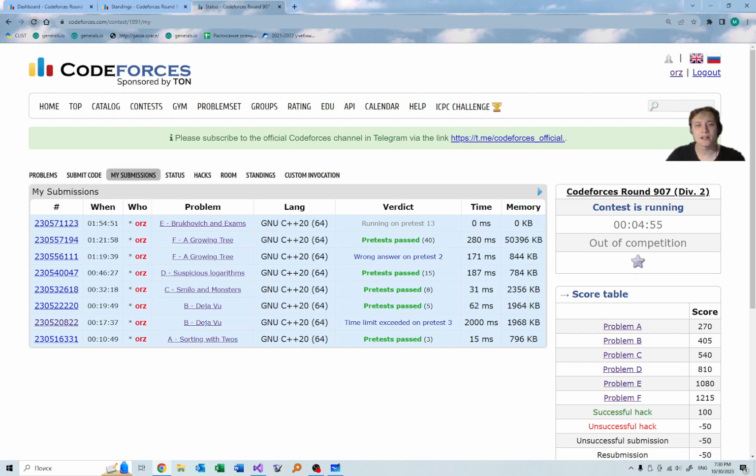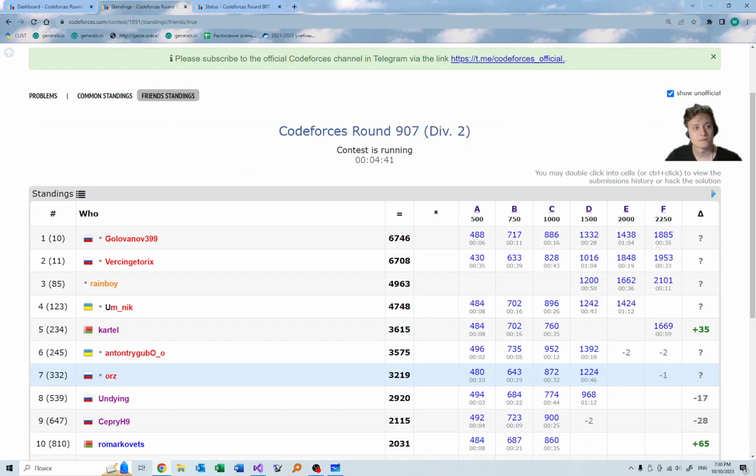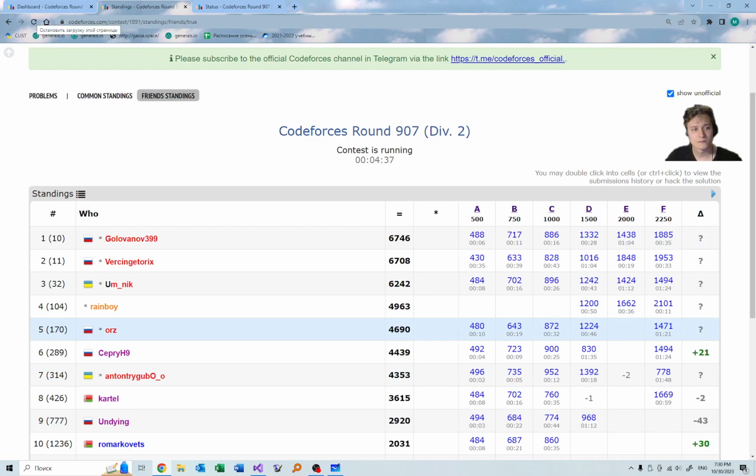Now I understand why people preferably solved F rather than E. Because in some way it's really simpler. What's wrong?